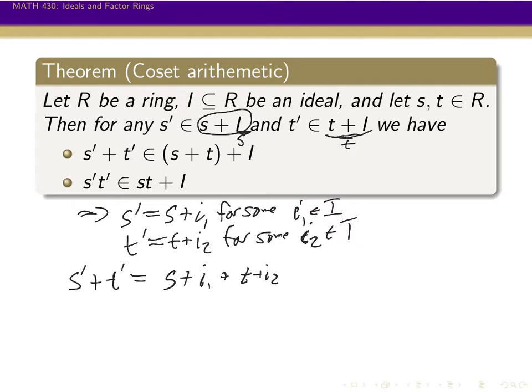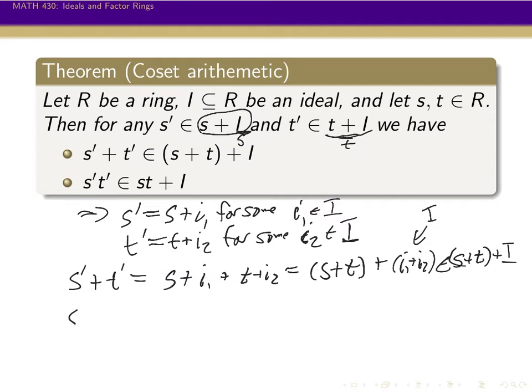Since addition is commutative, we can rearrange this any way we want, and we end up with s plus t plus I1 plus I2. I1 and I2 are both in I, so their sum is in I, because being in an additive subgroup is part of being an ideal. And so overall, this is inside s plus t plus I.